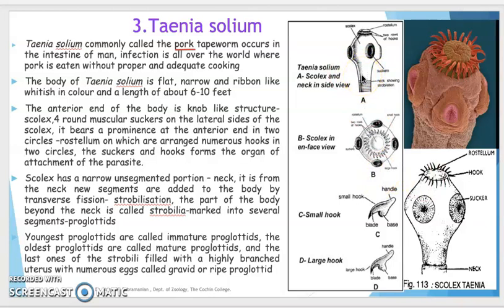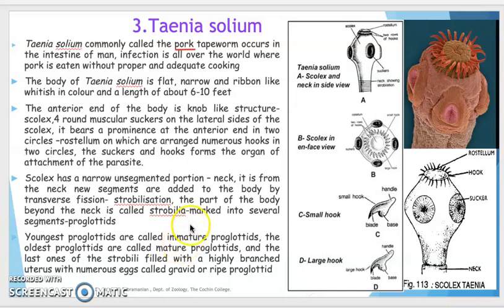The scolex has a narrow unsegmented portion, that is the neck region. From the neck, the new segments are added. This process is called strobilization, and the part of the body beyond the neck is called the strobila. Each segment in the strobila is called a proglottid.